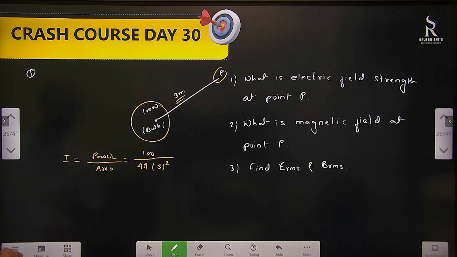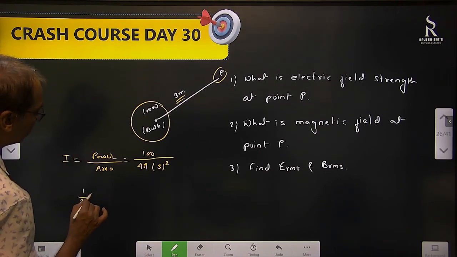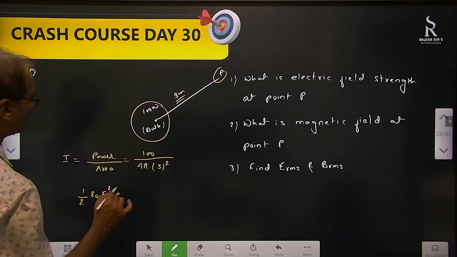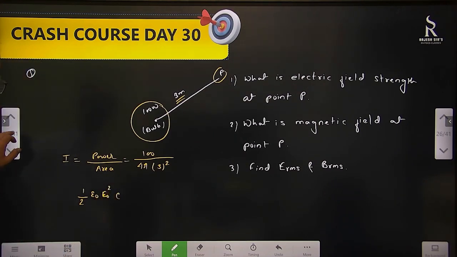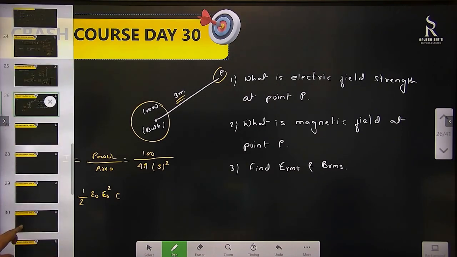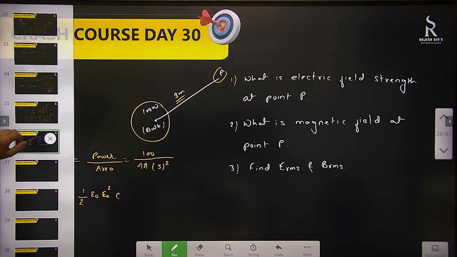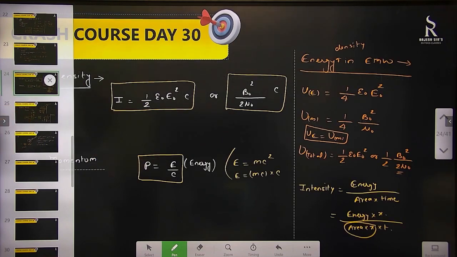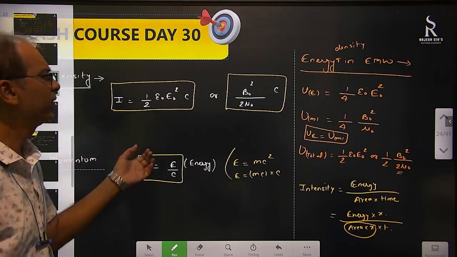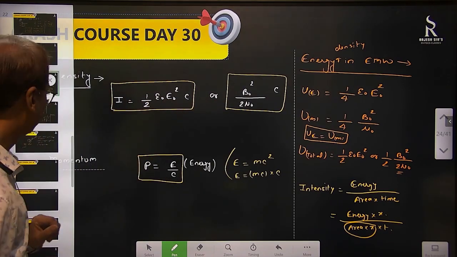Then electric field strength. Now, intensity I can write as half epsilon naught E naught square into C. Intensity we saw this formula. Let's check. Yes, intensity is half epsilon naught E naught square C, or if he asks magnetic, then this.